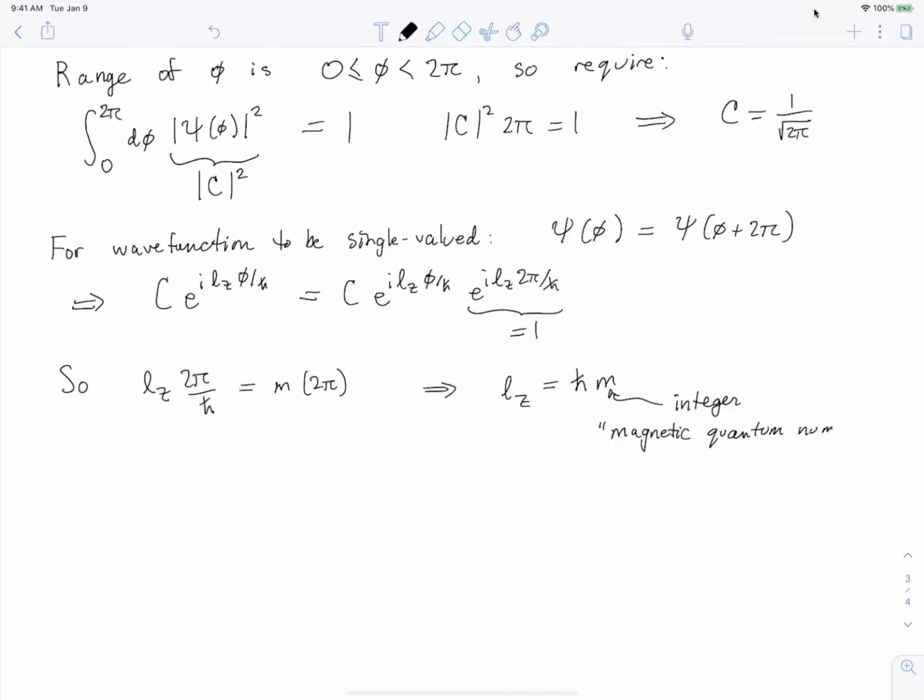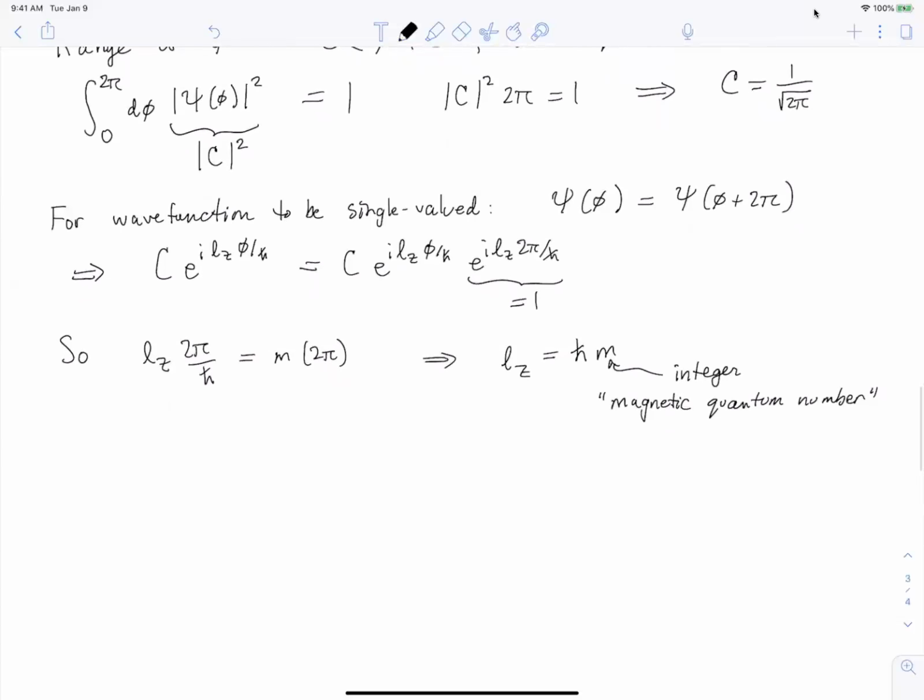And the reason it's called the magnetic quantum number is because originally this became known when people did measurements of spectra involving magnetic fields, atoms and molecules in magnetic fields. And so that was, I think, even before it was understood that this had something to do with angular momentum.